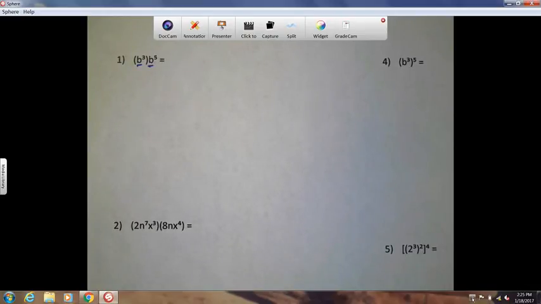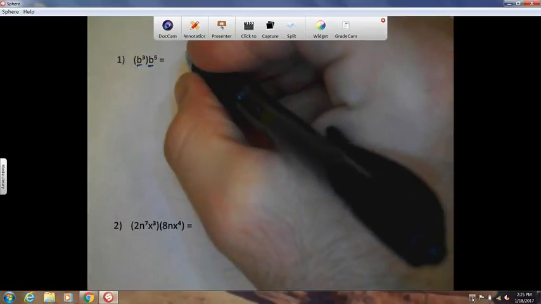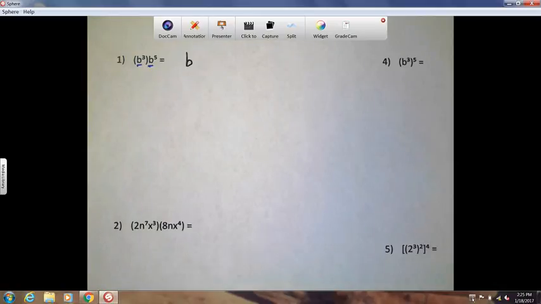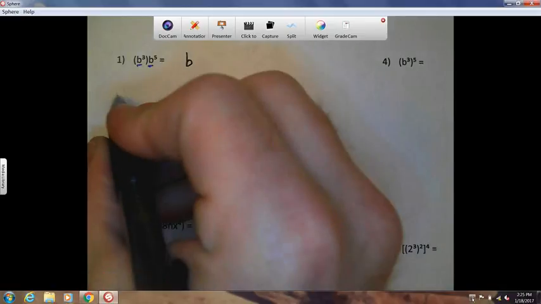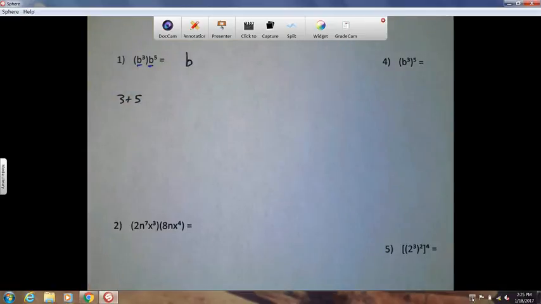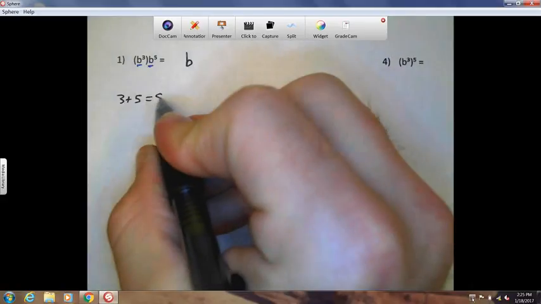I'm multiplying 2 powers. So that means I add exponents. So I'm thinking 3 plus 5. And here's b to the 8th power.